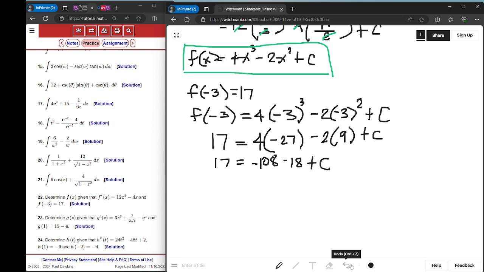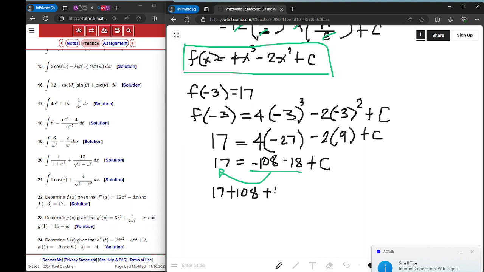Then we can transpose these two here to the other side so that their signs will change. So it becomes 17 plus 108 plus 18 is equal to c. Then add all of them. So 17 plus 108 is 125, plus 18, that's 144.